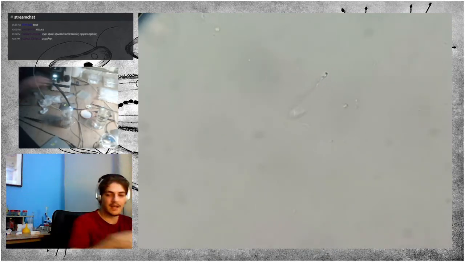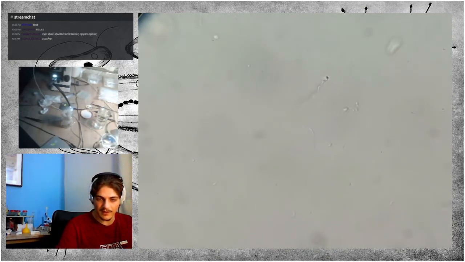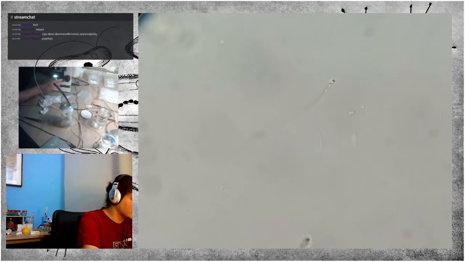Now this small one, I think this is a flagellate based on the movement. It's quite junky. Let me bring up the tab here. I think it went that way. No, that is something again I haven't seen. This is a ciliate, definitely, but it has something like an appendage on one end.